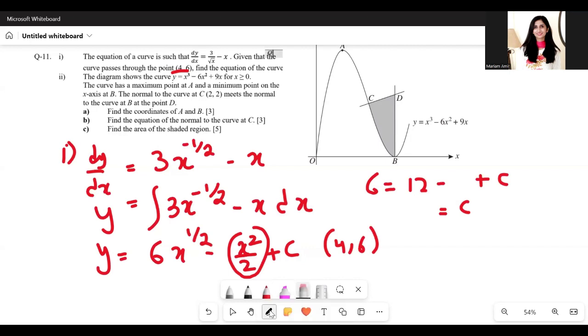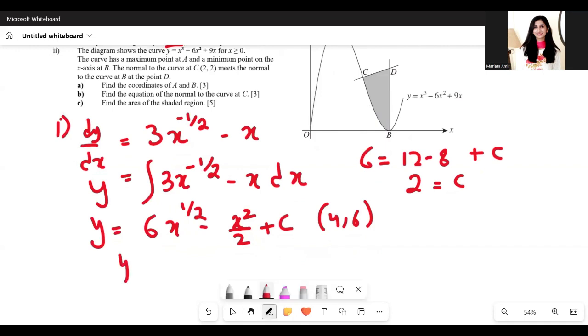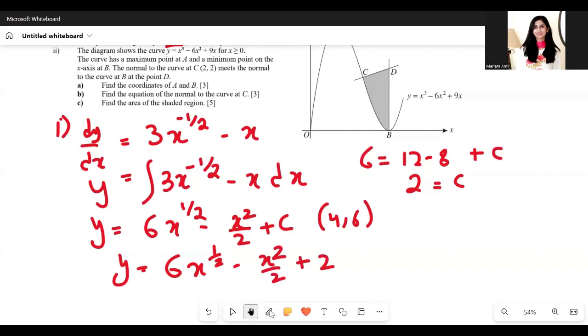Sorry, that was a mistake earlier. So minus 8 plus c, which gives us 4 plus c. And then 6 minus 4 is 2. So c is equal to 2. So the equation of the curve is y equals 6 x power half minus x squared over 2 plus 2. Okay, part 1 is done.